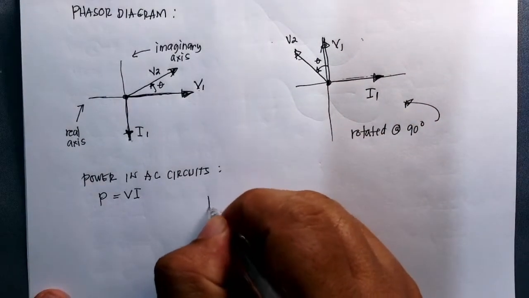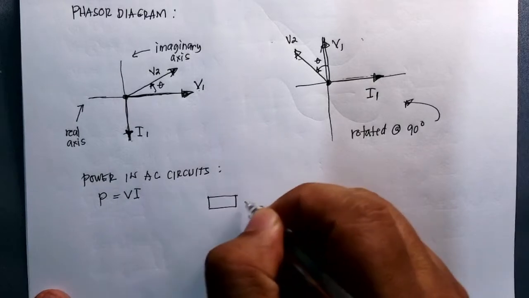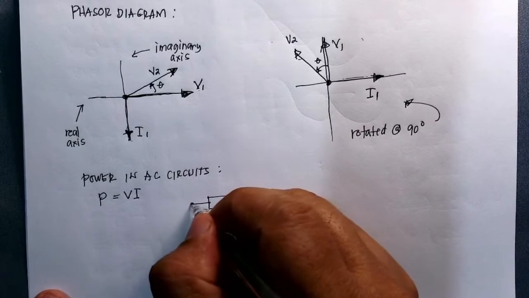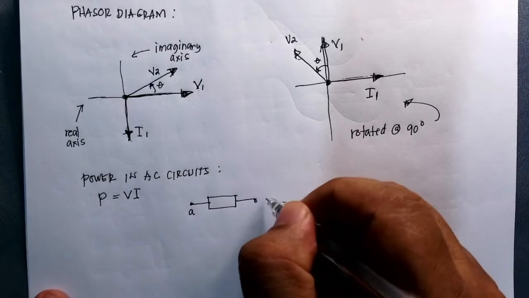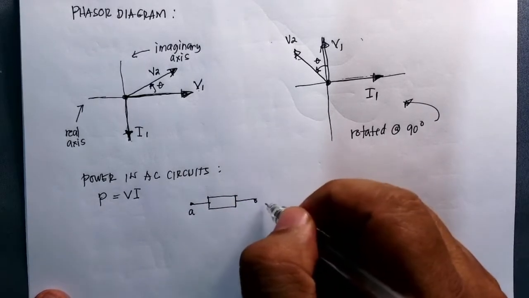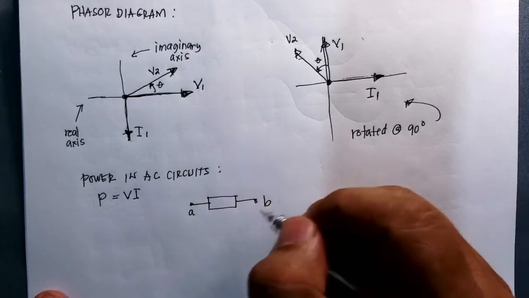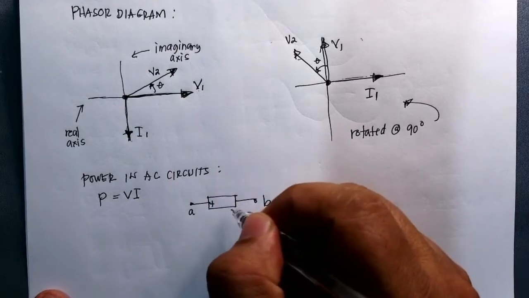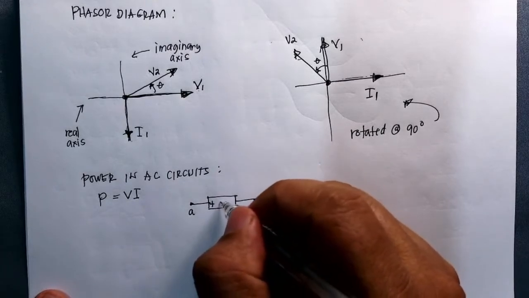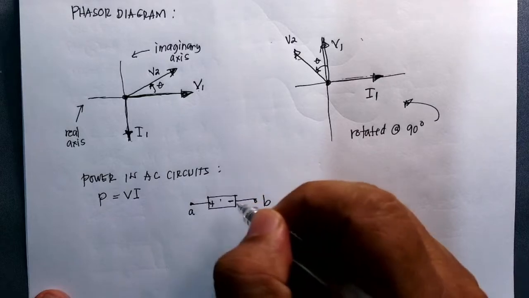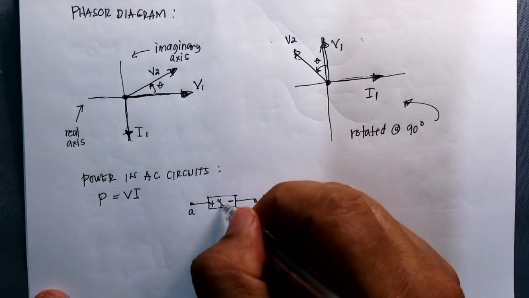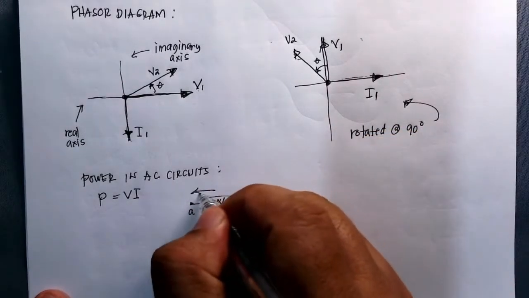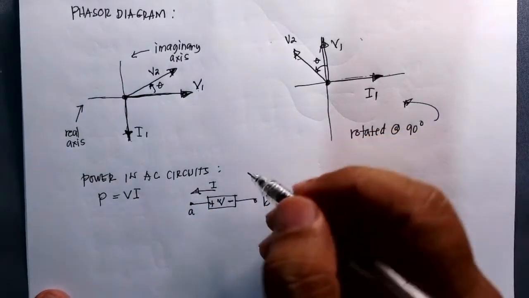If we are representing that circuit in a rectangular box like this one, named AB for nodes A and B, and this has a polarity of positive, and this one is negative, and this is the voltage polarity, and our current is going to the left side.